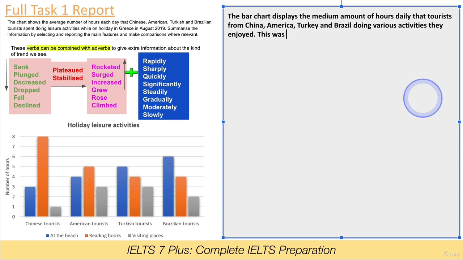This was while they holidayed in Greece in August 2019.